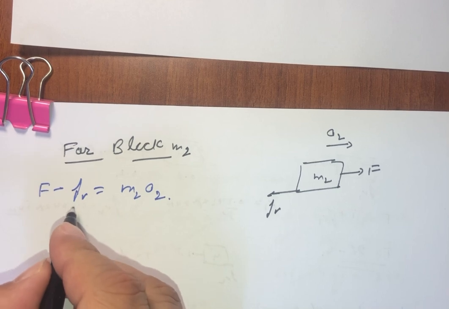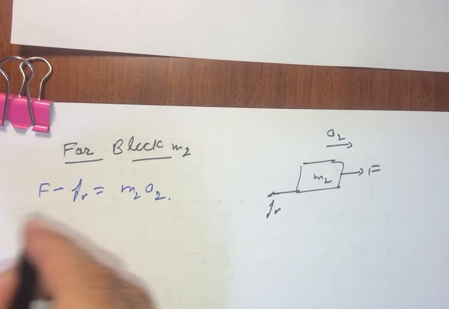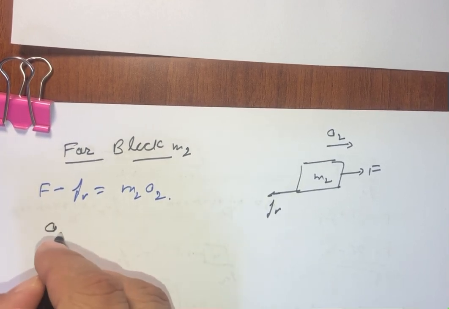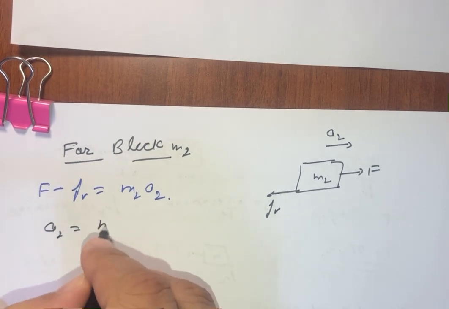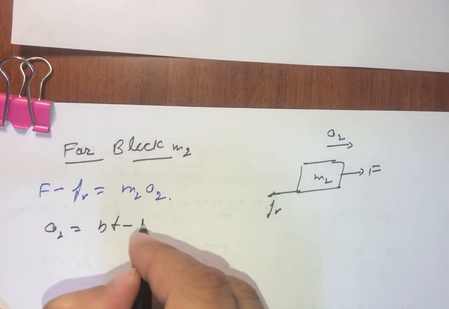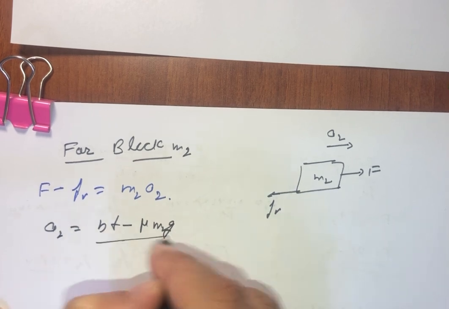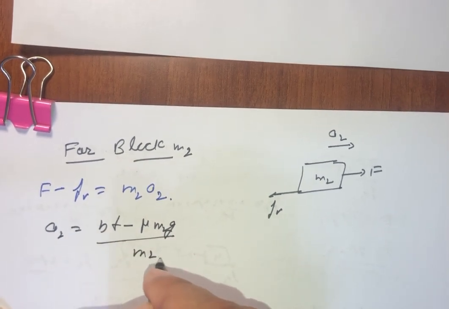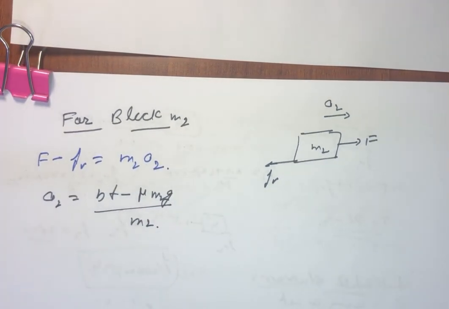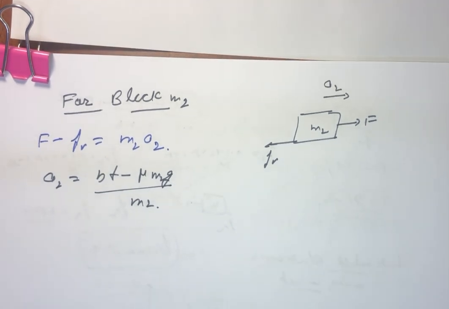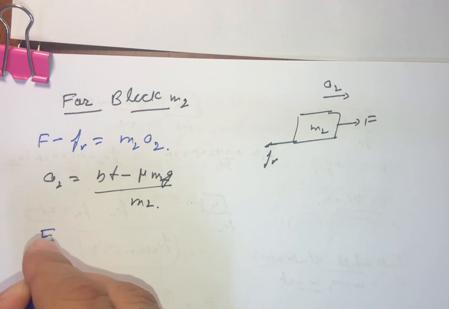We also know the value of Fr, so we put it here, we get a2 is equal to (bt minus mu m2g) divided by m2. This is the value of acceleration for m2.